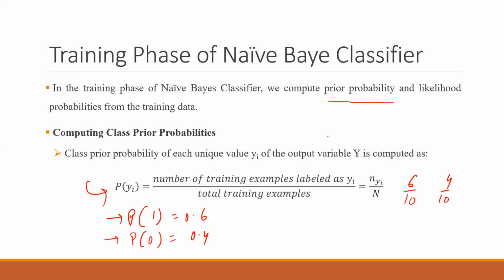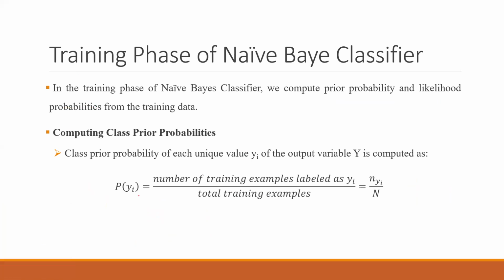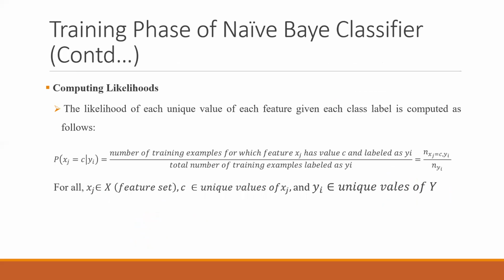So this is the prior probability, and likelihood also you have to calculate. We will look into that now, how to calculate it. I hope that you have understood how to get this prior probability. It is very easy. This is the easiest part in this. When you calculate the likelihood, you will be following this thing. The likelihood of each unique value of each feature given each class label is computed as the number of training examples for which the feature xj has value c and labeled as yi.